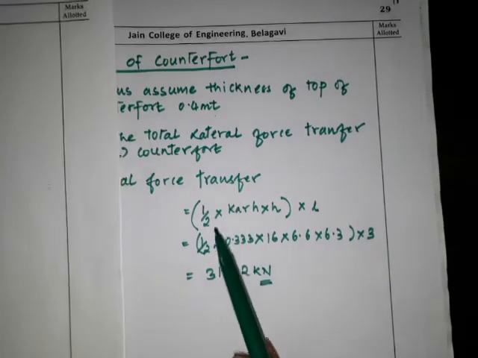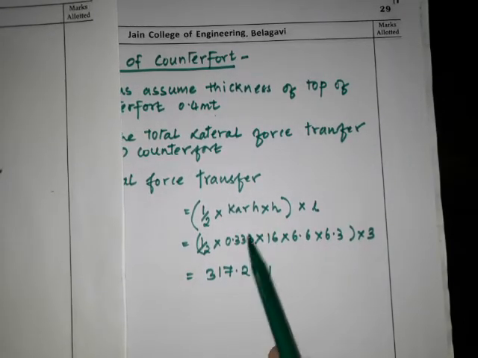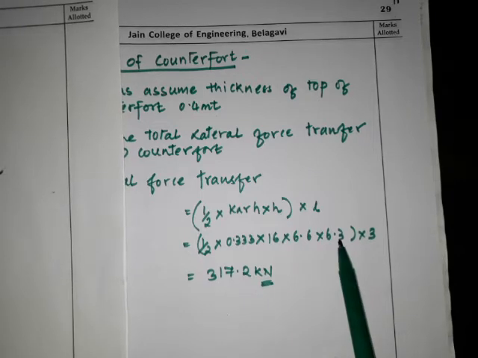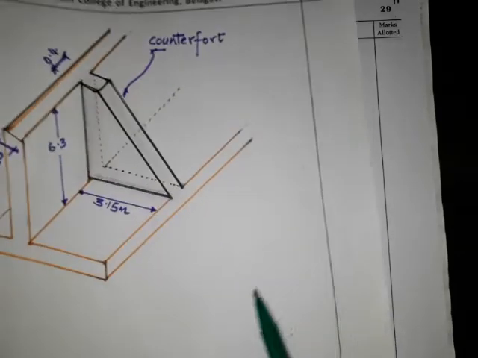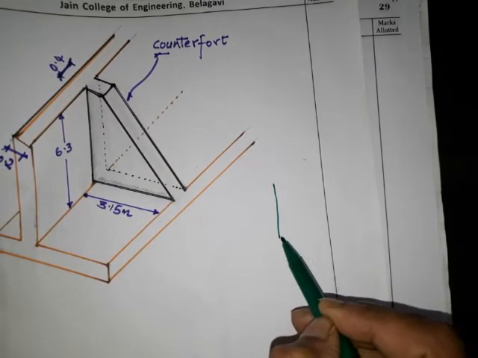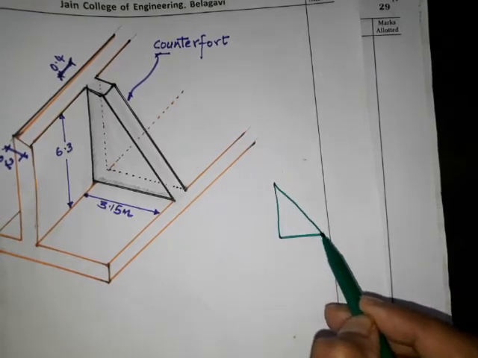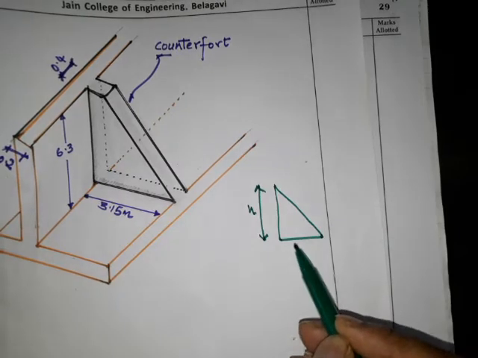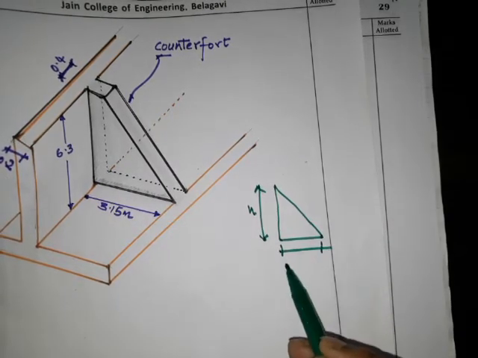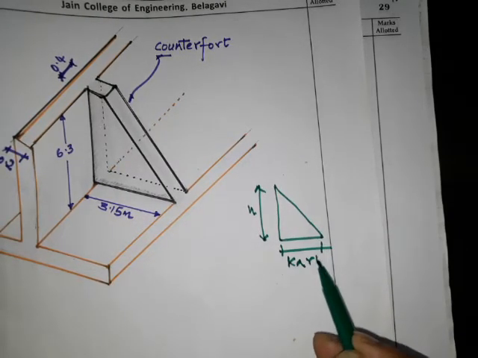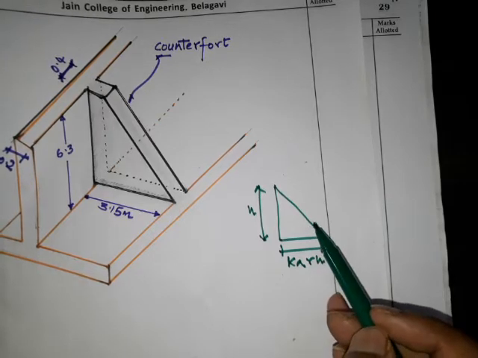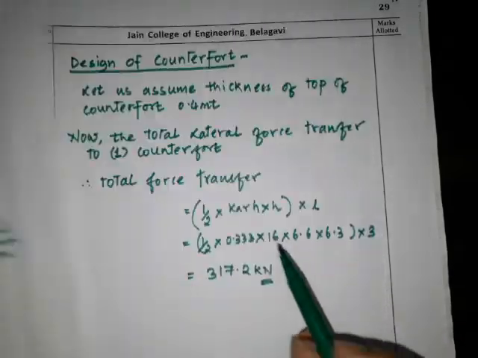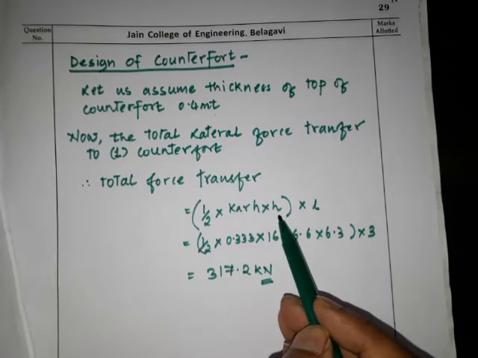That's why here it is K gamma H, into height H. So this is H, and this is half base into height, half base height into L.